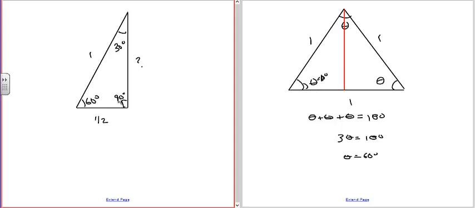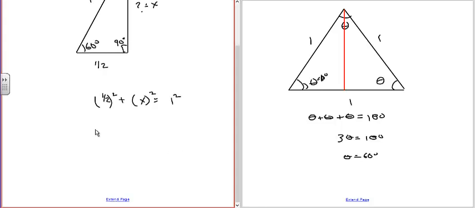Okay, so this side is 1. Since this cuts this side in half, it's a half. So what you can do is again use the Pythagorean theorem, which says 1/2 squared plus x squared equals 1 squared. 1/2 squared is 1/4. 1 squared is 1.